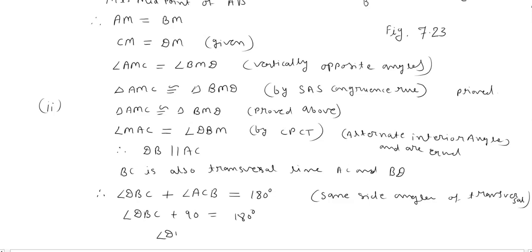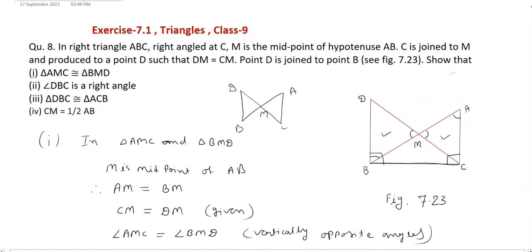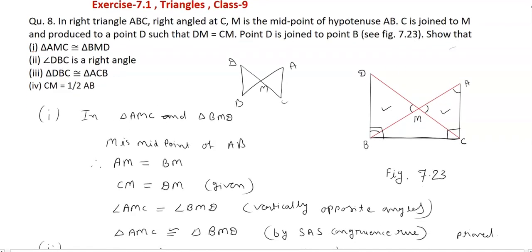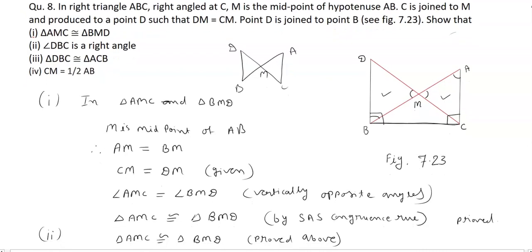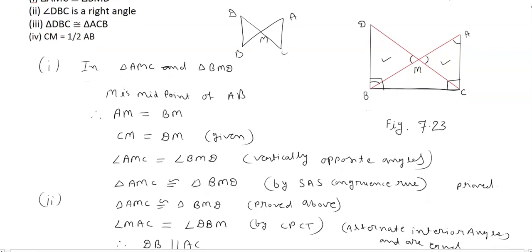So angle DBC is equal to 180 degrees minus 90, which is 90 degrees, and question 2 is again proved. Understand that this question is very long, but it is very easy. So 1 and 2 are solved.